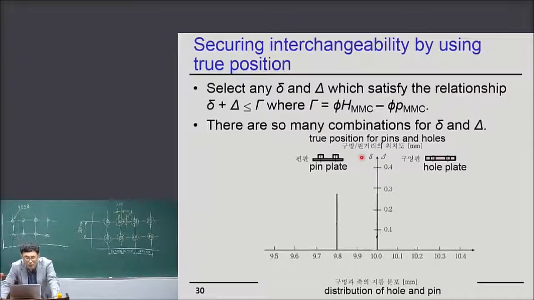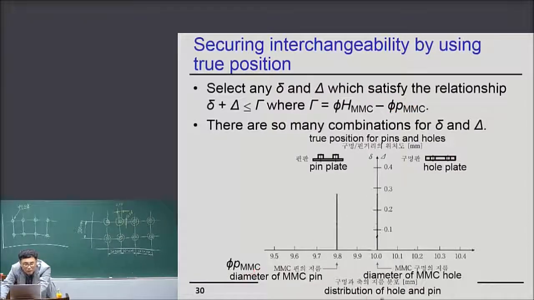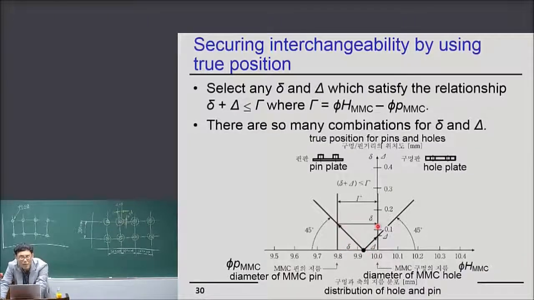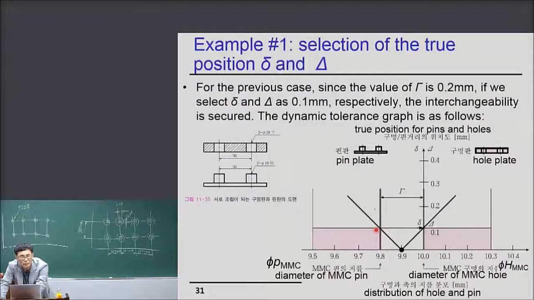For example, for the previous pin plate and hole plate, gamma is the difference between the diameter of the MMC hole and the diameter of the MMC pin. If the true position of the pin plate and the true position of the hole plate satisfy these relationships, you can distribute gamma into small delta and large delta, and then you can secure interchangeability.